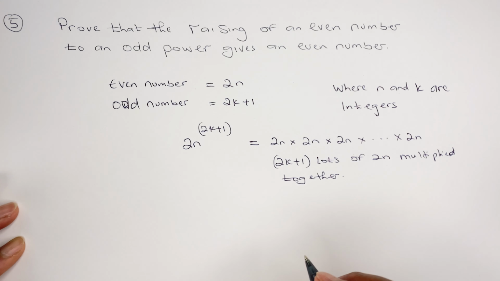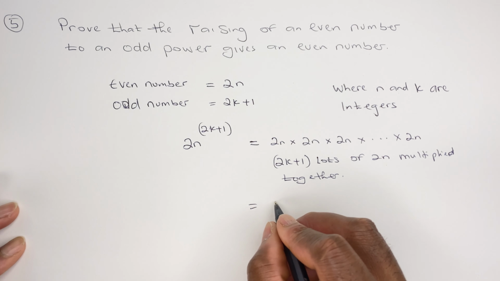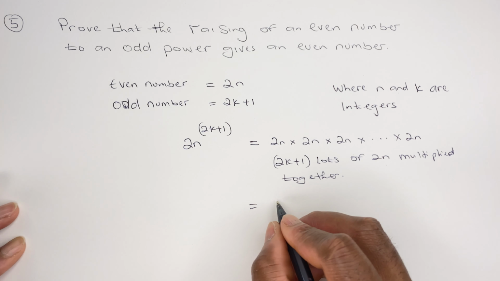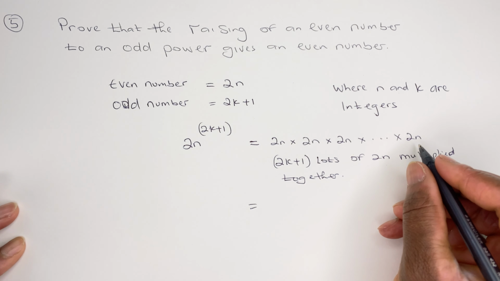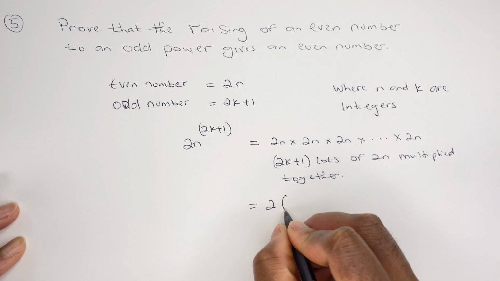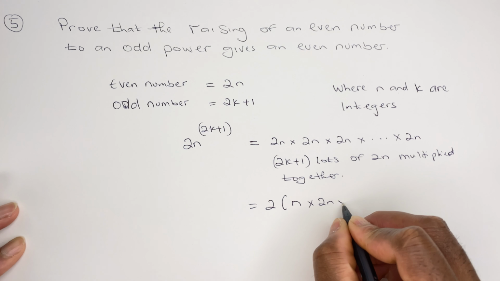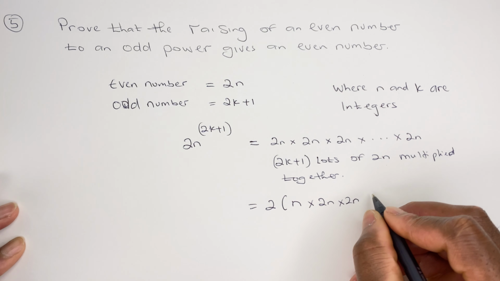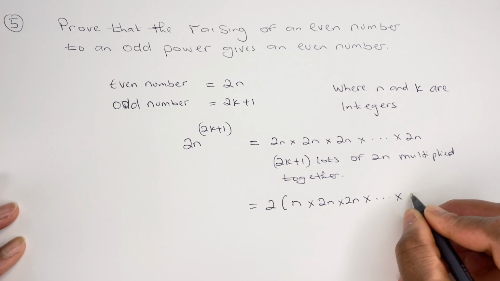So in that case, I would then say, well, if I take out 2, because 2 is a common factor there, I would get n times 2n times 2n times dot dot dot times 2n.